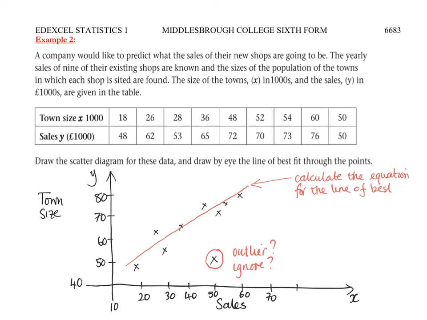So this is taking you up a step from GCSE, and we can actually accurately draw y equals a plus bx, which is the line of best fit. It's actually called the regression line, given a fancy name.